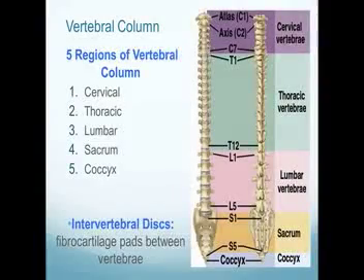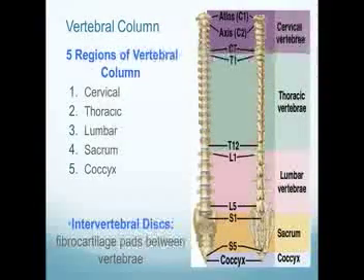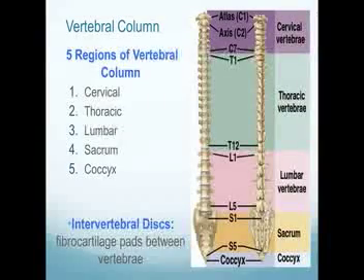Let's go ahead and take a look at the vertebral column to start with. When we look at the vertebral column, there are 5 regions that we need to discuss, and I'll start superior and work inferior with respect to these regions. Towards the head, we're going to be looking at the cervical region.